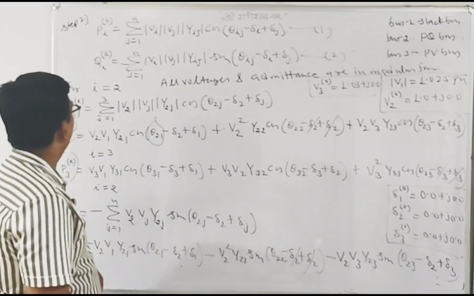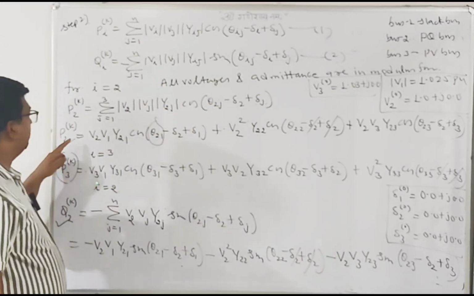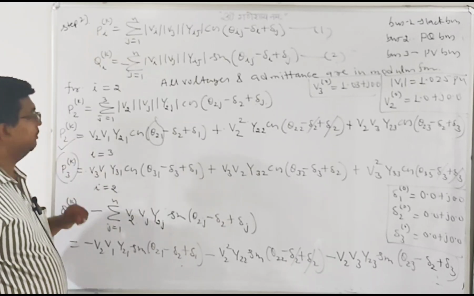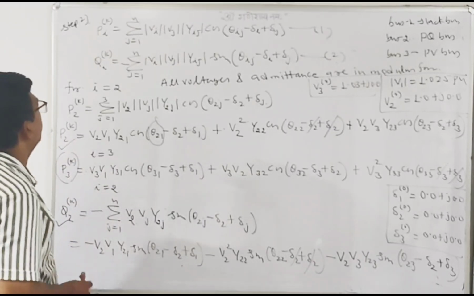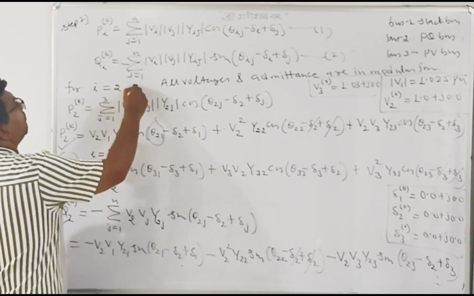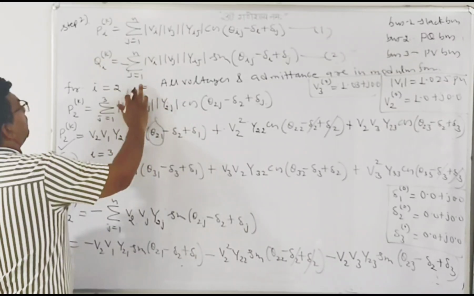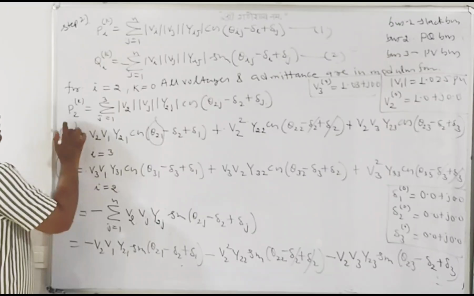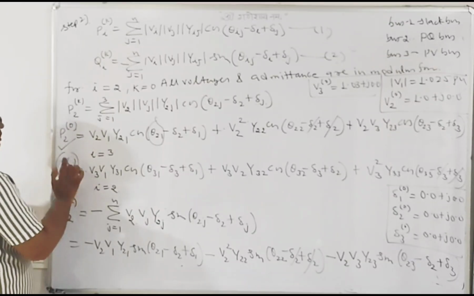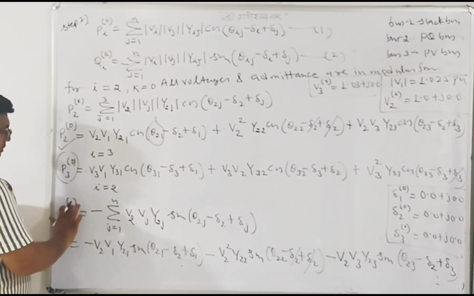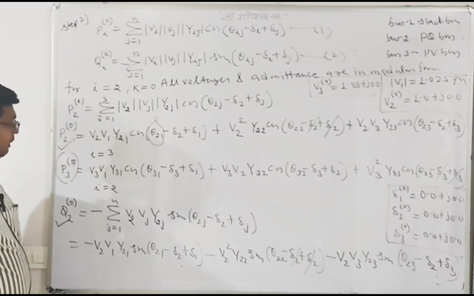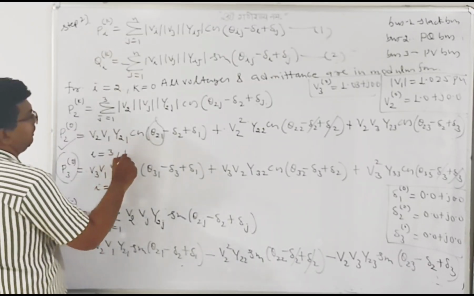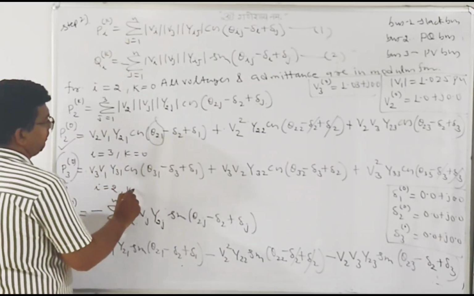Now, if I am determining these equations for the first iteration, k becomes 0. So what does this become? P2(0). What does this become? P3(0). What does this become? Q2(0). Here also k becomes 0.